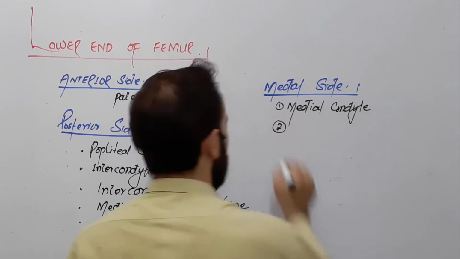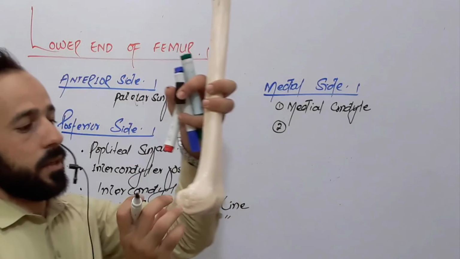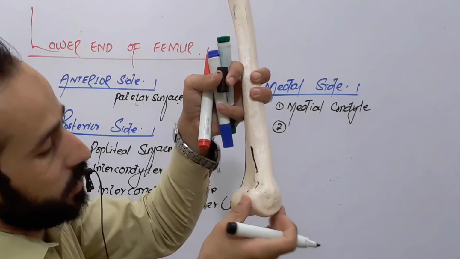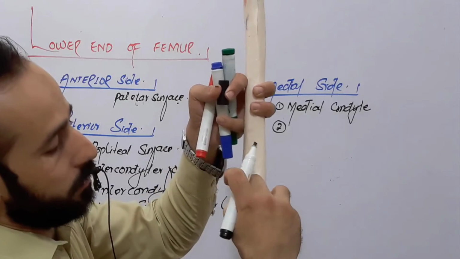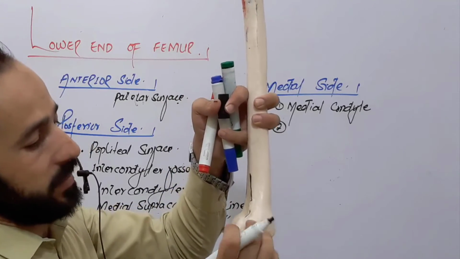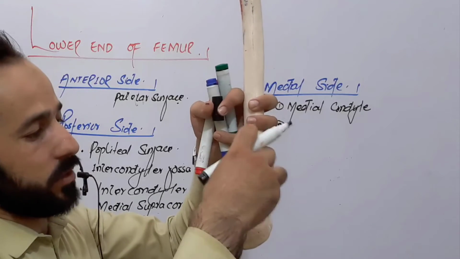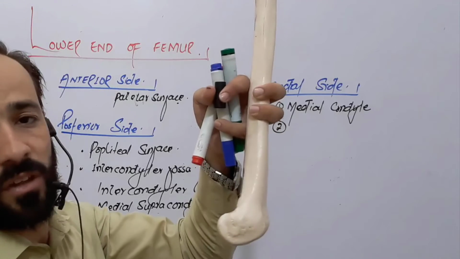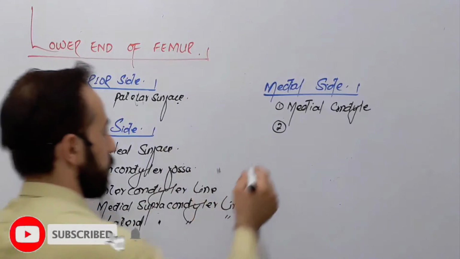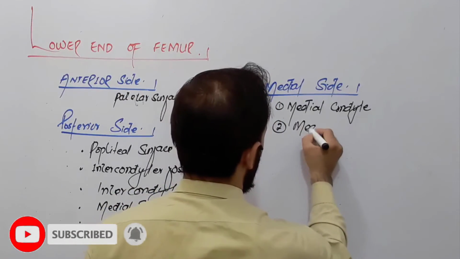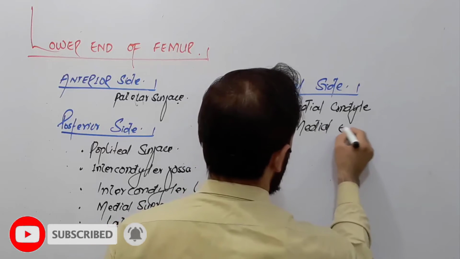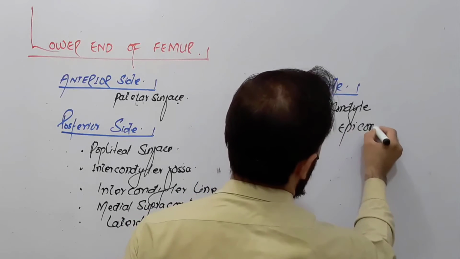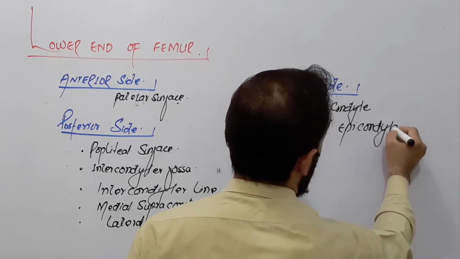Right? Then the next part of it is that this is the medial condyle, and this part is called the medial epicondyle. As this part is present above the condyle, that's why we say that this is the epicondyle, right? So there is the medial epicondyle, right?